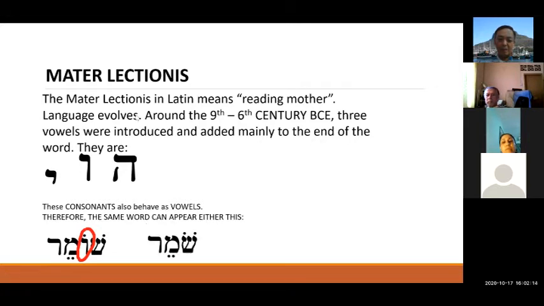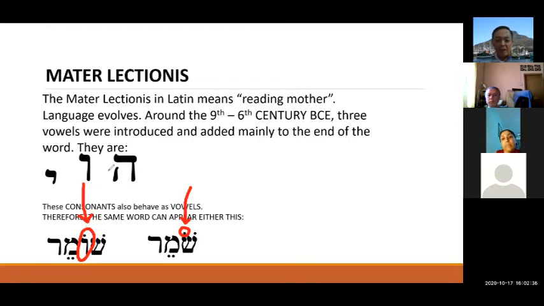Both of these are two representations of the O vowel. One is a longer O vowel, and the other is also long, but not as long as the one with the Mater Lectionis.